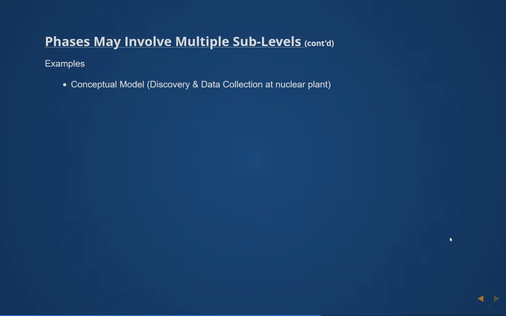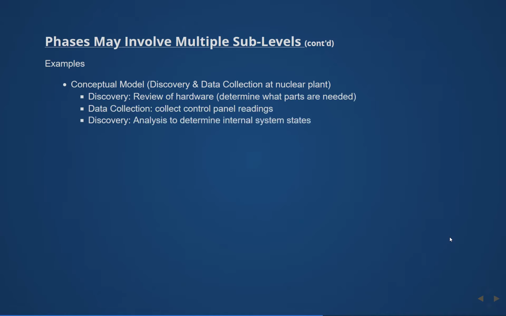So here are some examples. When we did initialize the work of building models for nuclear power plants for operator training simulators, there were a lot of things we had to do.